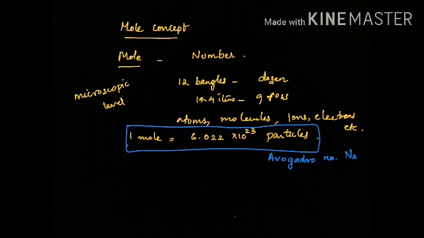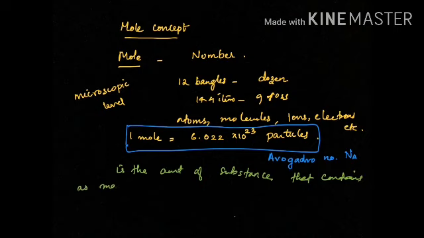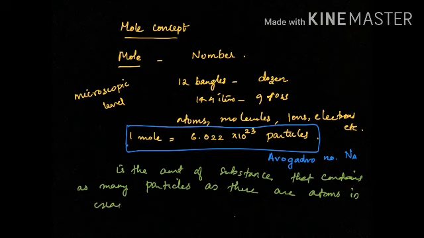A mole is the amount of substance that contains as many particles as there are atoms in exactly 12 gram of carbon 12 isotope.